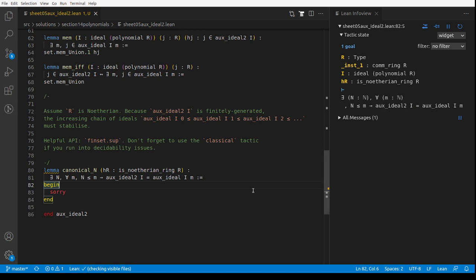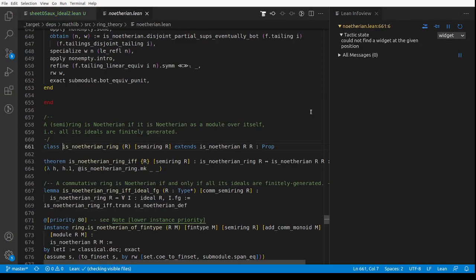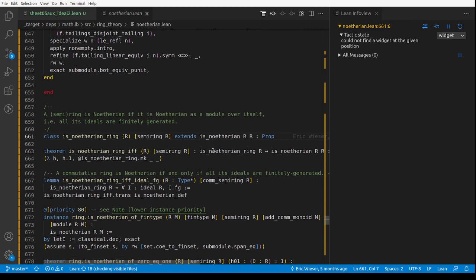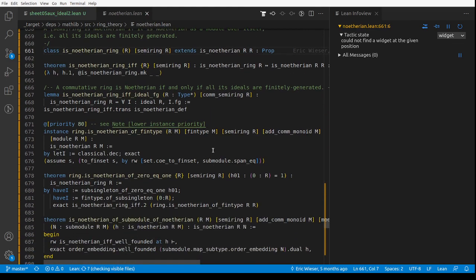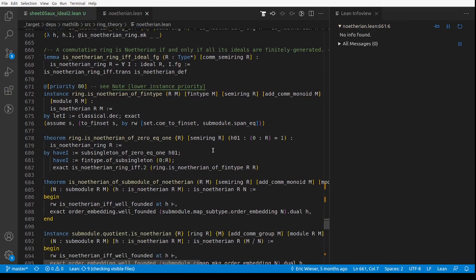You should imagine that this is probably in the library already somewhere. The fact that an infinite sequence of, this is completely off script, but I wonder if I can just prove, is there some statement that an infinite sequence of ideals must stabilize?